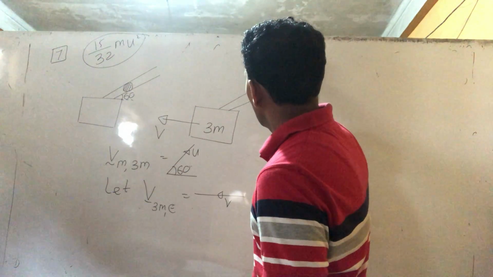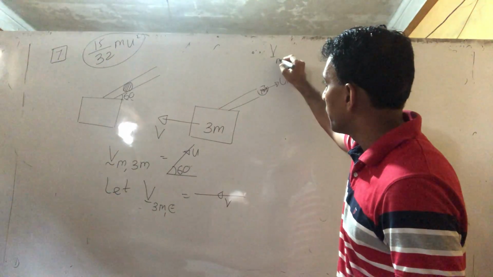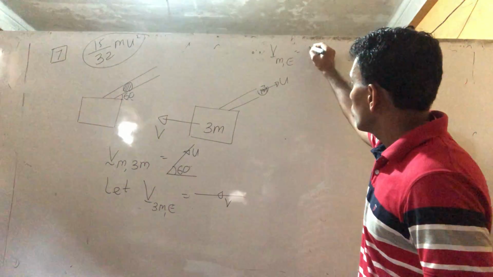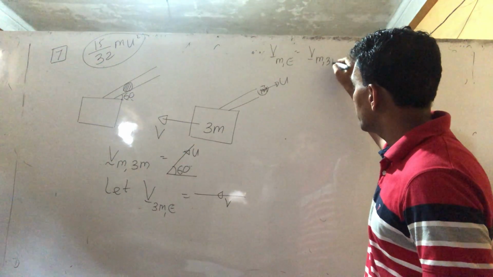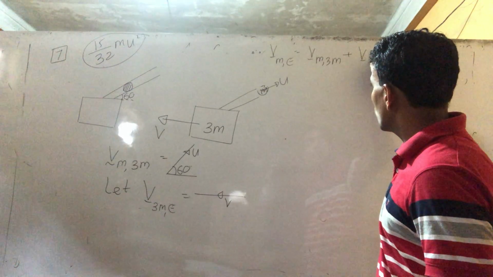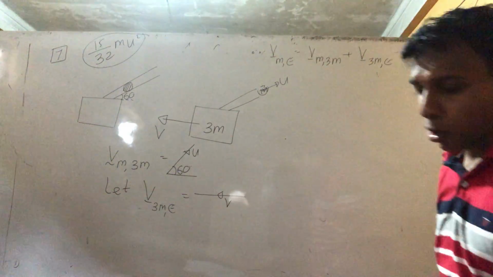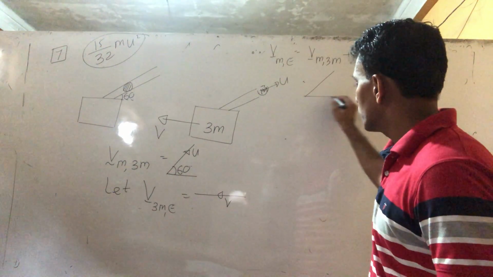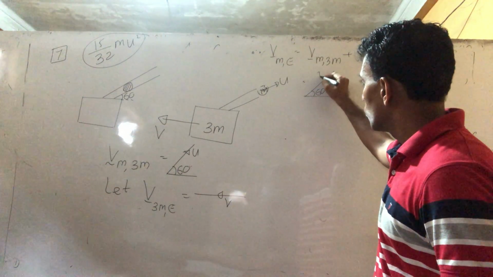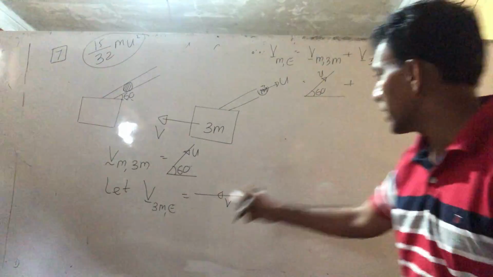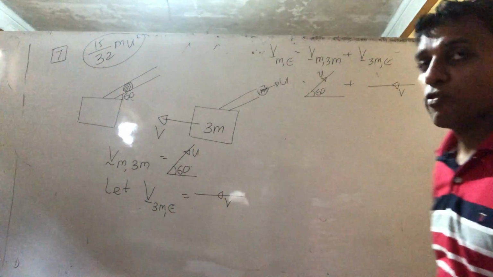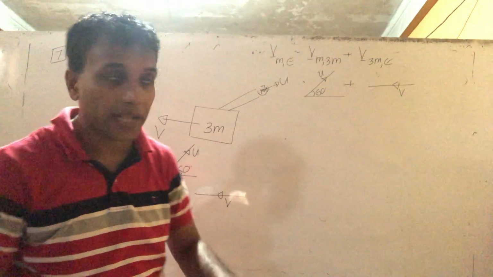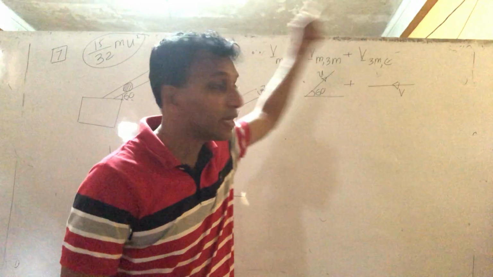Therefore, velocity of shot small m relative to earth equals, using the relative velocity equation, velocity of m relative to 3m plus velocity of 3m relative to earth. Two components like this, with the 60 degrees, here u plus the 3m velocity. So relative to earth, the velocity of the shot has three parts: here u cos 60, here u sin 60, and also in terms of v.